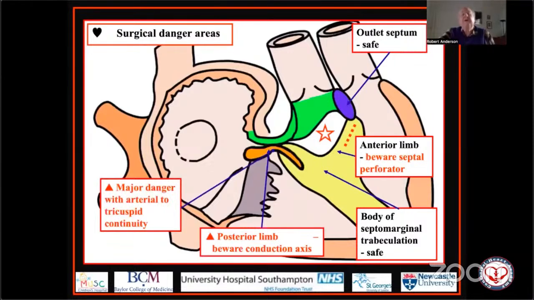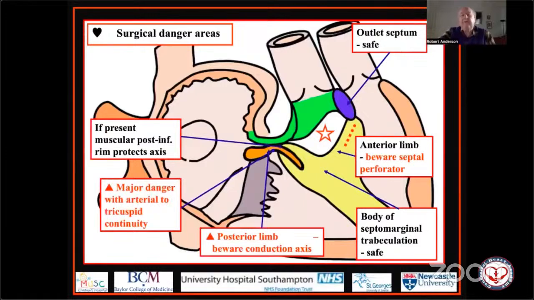And it is at greatest risk when there is fibrous continuity between the leaflets of the mitral and tricuspid valves. What Diane has shown you, however, is that it can be protected when there is fusion between the caudal limb of the septomarginal trabeculation and the ventriculo-infundibular fold.